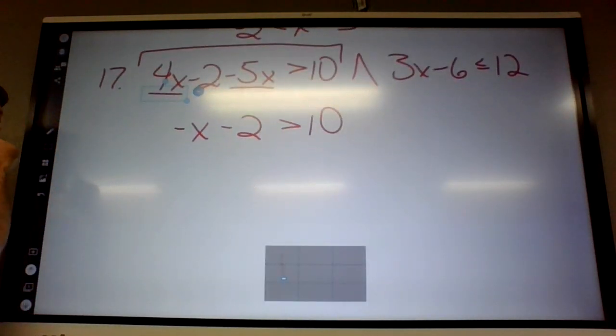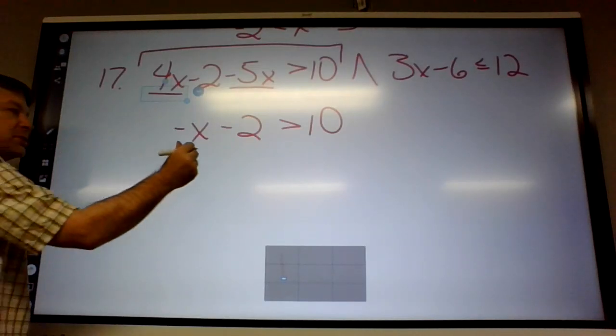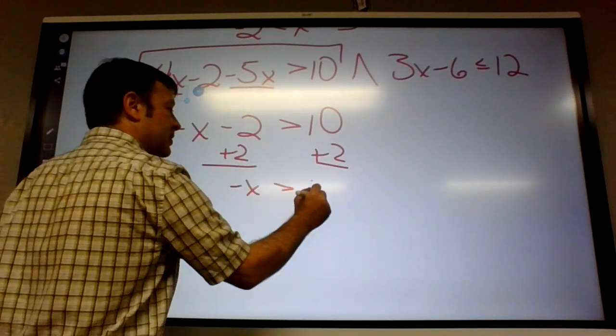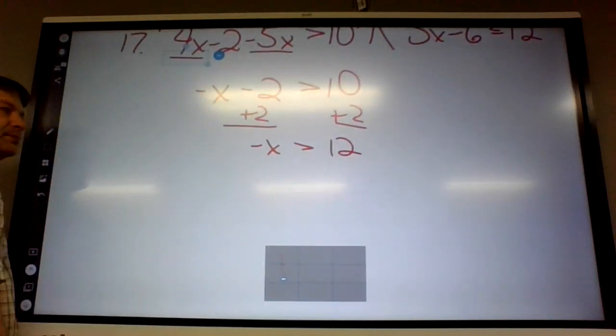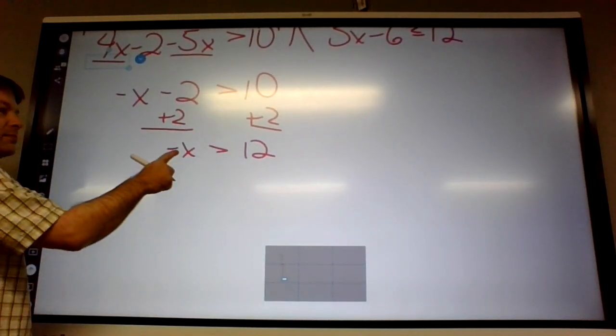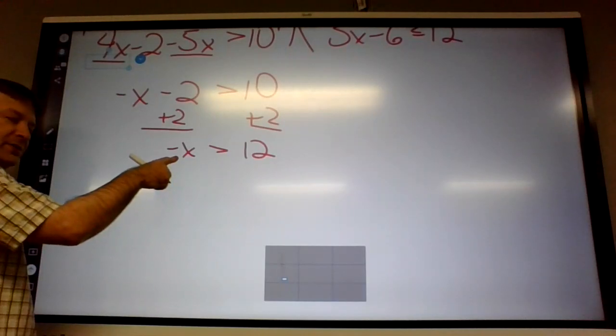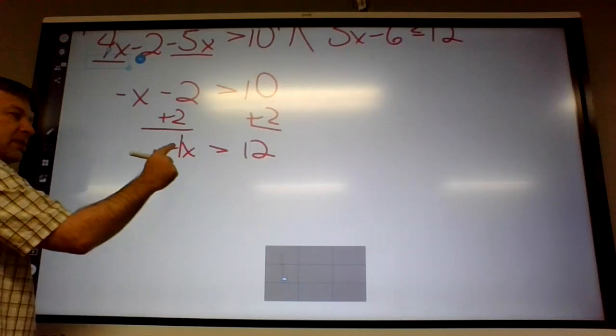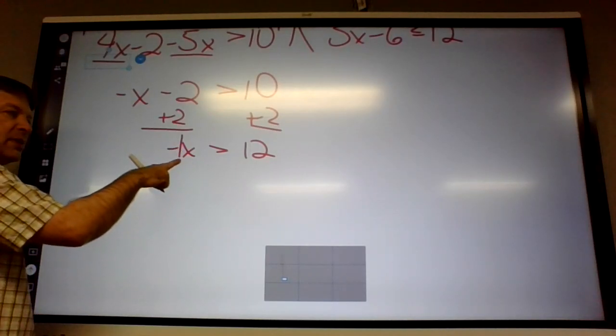Okay, now what do we do? Plus 2. Okay, so we get negative x is greater than 12, then what? Flip the sign, knock off the negative. Well, yes, but what are we doing basically to get rid of the negative? Right, divide by negative 1.